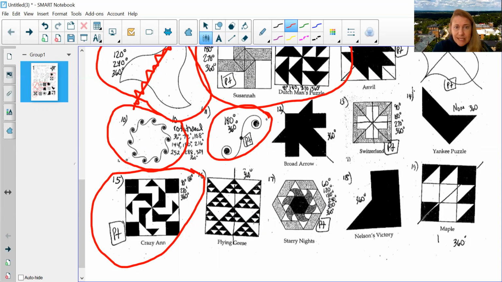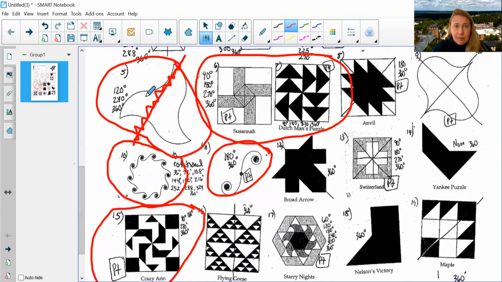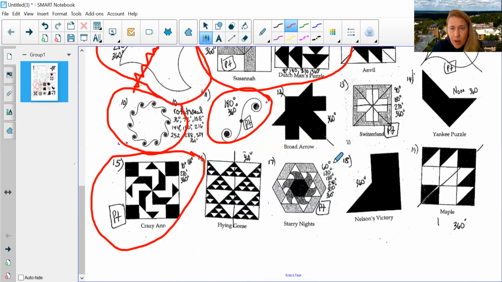But as we can see, it doesn't have to be quarters. It can be 2 rotational symmetries. Here's one with 3 rotational symmetries. Here's one with 10. This is also one with 6 rotational symmetries. Because of the way that these things go, there aren't lines of symmetry that we can draw in.